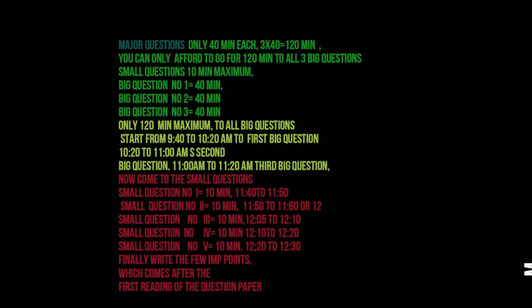This is definitely going to help you a lot, because when you are writing your question number 2, your mind is totally involved in that particular idea or answer, and it becomes very difficult to think of another question and its answer and significant points at the same time.